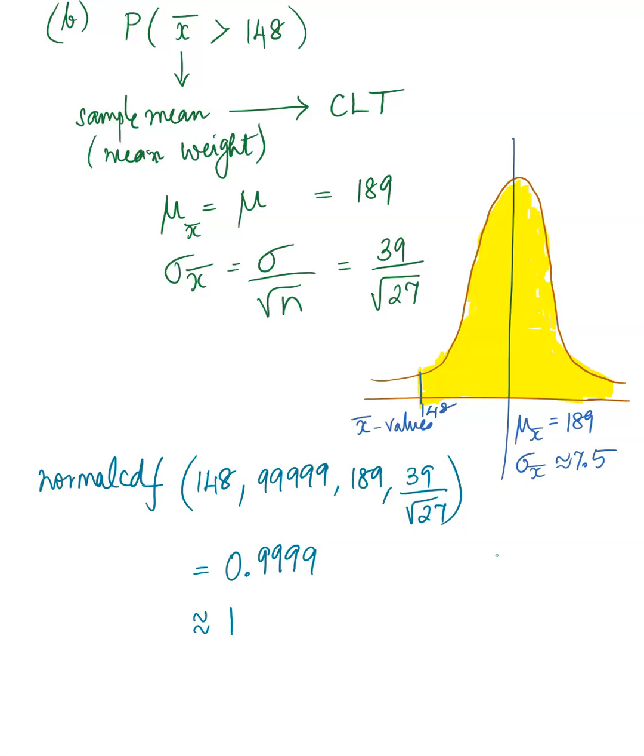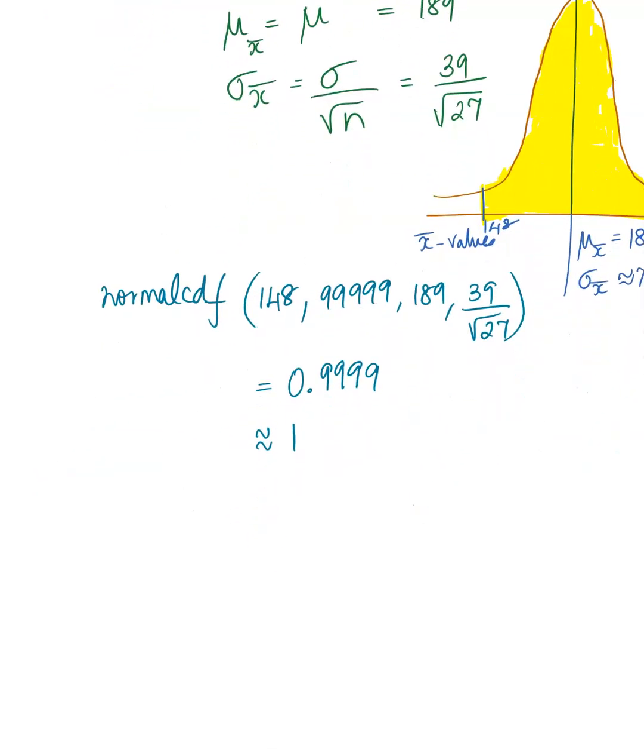So you're not choosing males of a certain height or a certain weight to make this true, to say, okay, all these males were below 148, so their mean weight was 148 or less, and therefore the probability of selecting them would be a different value. But here we're saying randomly selected males, so they can be of all heights and weights, and therefore, if you took 27 of them and took their mean weight, then it is absolutely certain that your average weight will be more than 148 pounds.